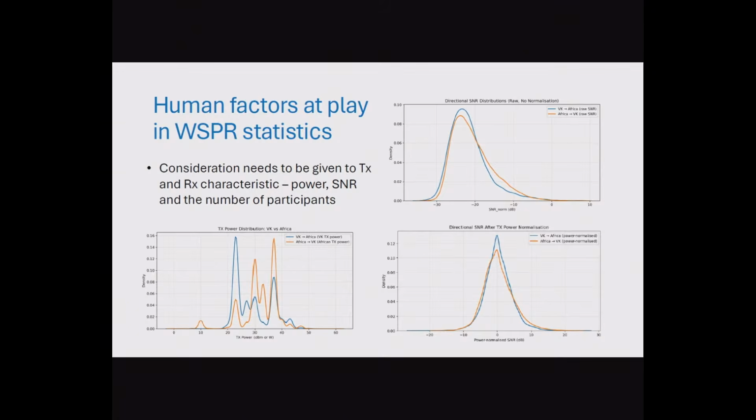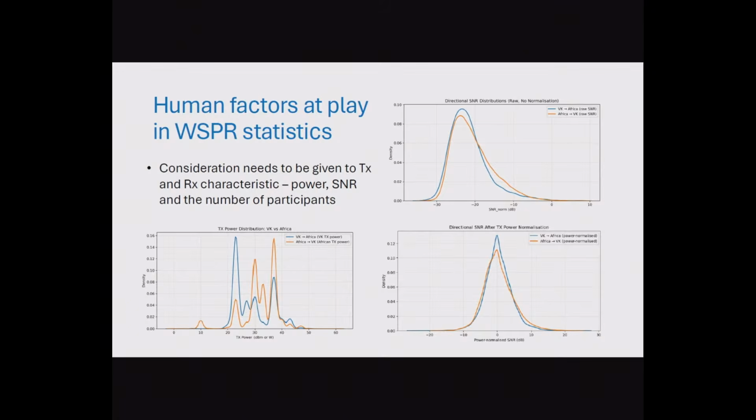And when you correct for the power, if you sort of subtract the transmitter power from the signal to noise, you get more of a symmetric distribution. But there's still a bit of an excess. It's quite small, which sort of suggests that when it's coming back the other way, we see a higher signal to noise in general.